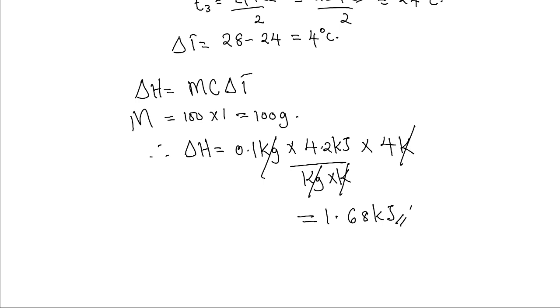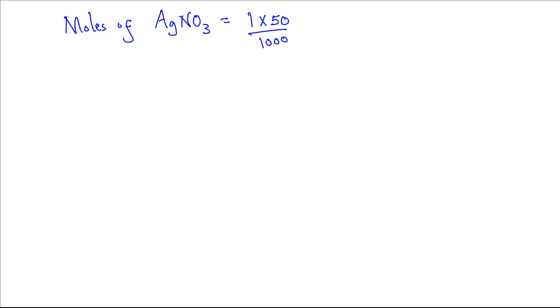Let us then calculate the moles of the solution. The first one, we start by calculating moles of silver nitrate. That is molarity of 1 multiplied by the volume over 1000. That gives 0.05 moles.